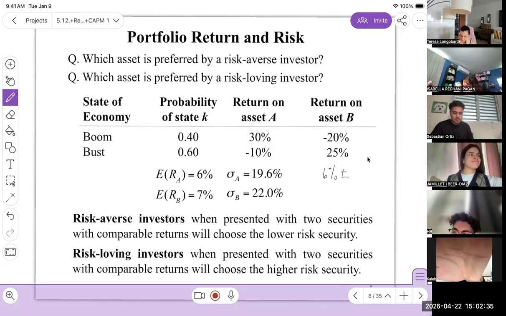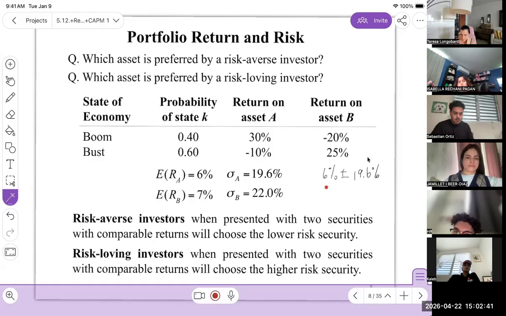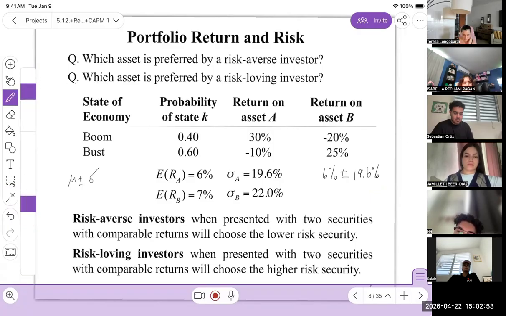Okay, so this is 19.6%. We would look at this as the mean plus or minus the standard deviation. And you see that within one standard deviation, we're already in the negatives. And this one with 7% is just terrible. 22%, we're way in the negatives with just one standard deviation from the mean.